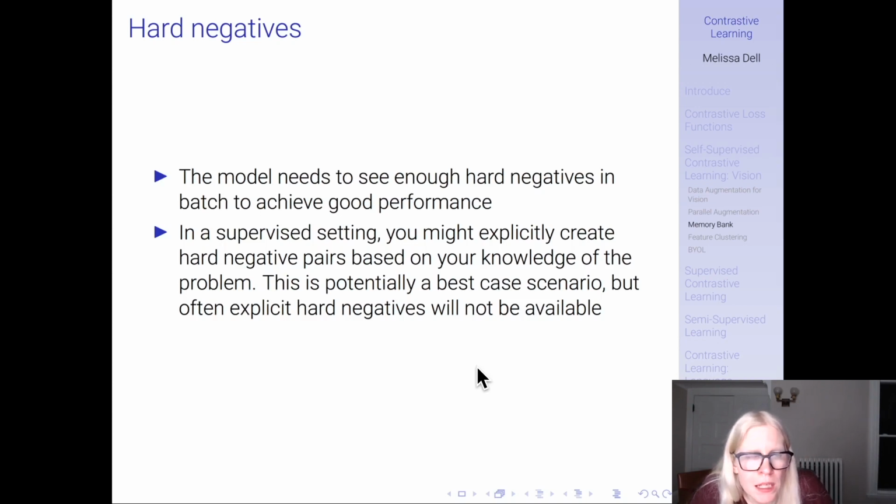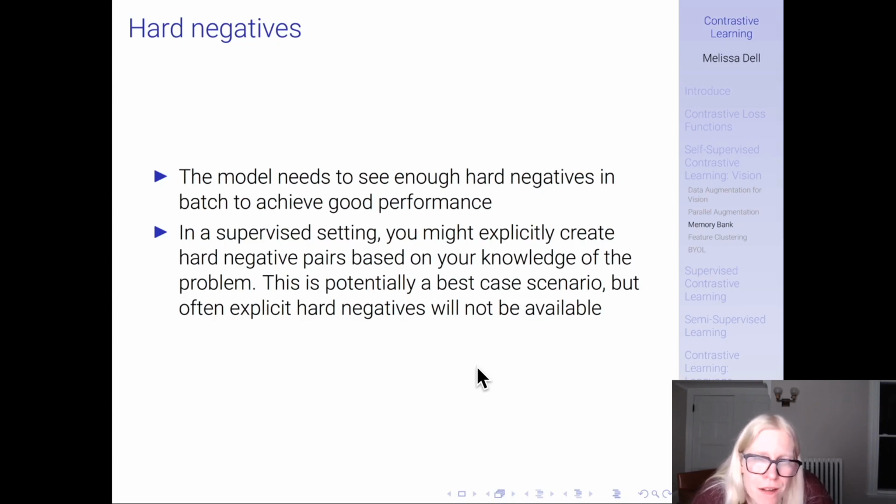So if you're working in a supervised setting, you might explicitly create hard negative pairs based on your knowledge of the problem. And we'll see examples of this throughout the course when we get to applications. And oftentimes that's a best case scenario.